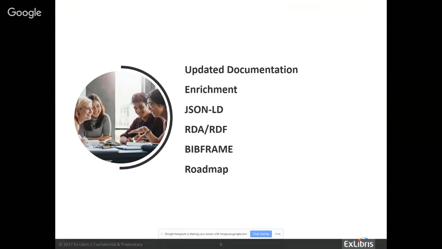I'll mention briefly the updated documentation, and then we'll go through some things you've seen before, perhaps, and I'm just putting in a greater context around the new features and trying to organize our thoughts around the features that are available. And then, of course, towards the end, we'll be talking about some BIBFRAME features which are newly released in the November and December releases. And then we'll talk a little bit about the roadmap, which hasn't changed much since our last update, but we can give you an update on what has been actually developed and released from that roadmap.